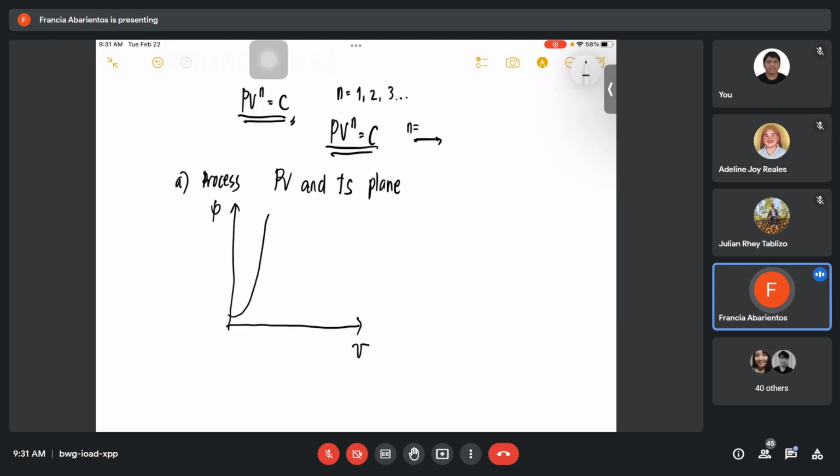Yung PV natin ganyan. So, here, assuming we have the pressure 1 and pressure 2. Pag ganito, class, sabi mo, bakit kurba? So, we have here point 1 and point 2, kurba yan, class, papunta ditong point 2.